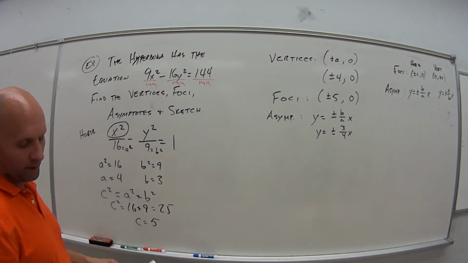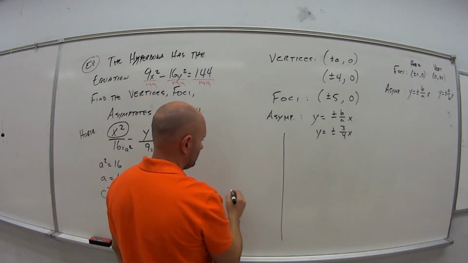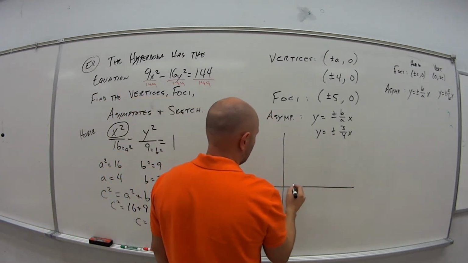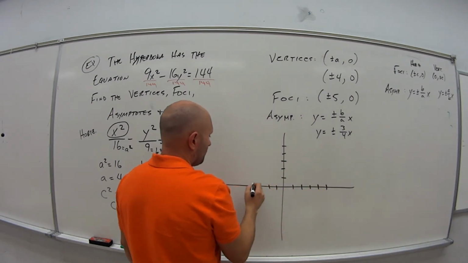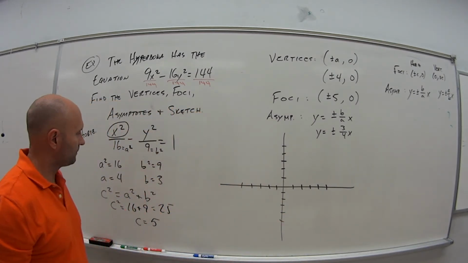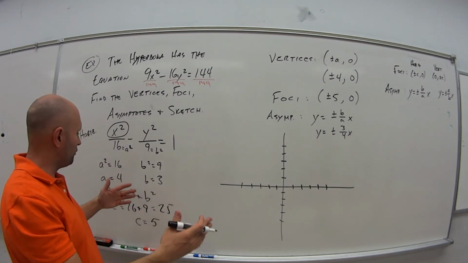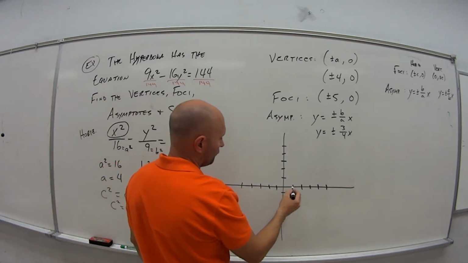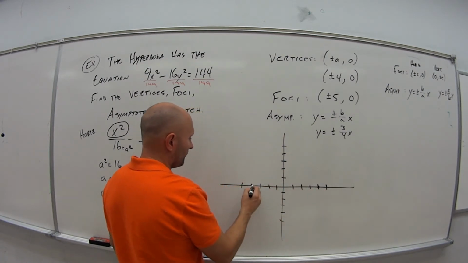And then lastly, we want to sketch this. Step 1 says we want to draw our central box. So what we're going to do is go out a units left and right. That's 4. So 1, 2, 3, 4. 1, 2, 3, 4.